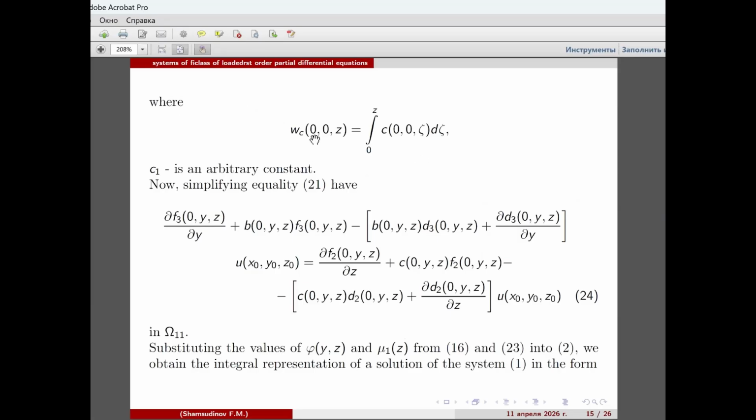where W_C00(z) equals integral from 0 to z of c_00(zeta) dzeta, and c_1 is an arbitrary constant. Now, simplifying equality 21, we have 24 in omega 1, 1.